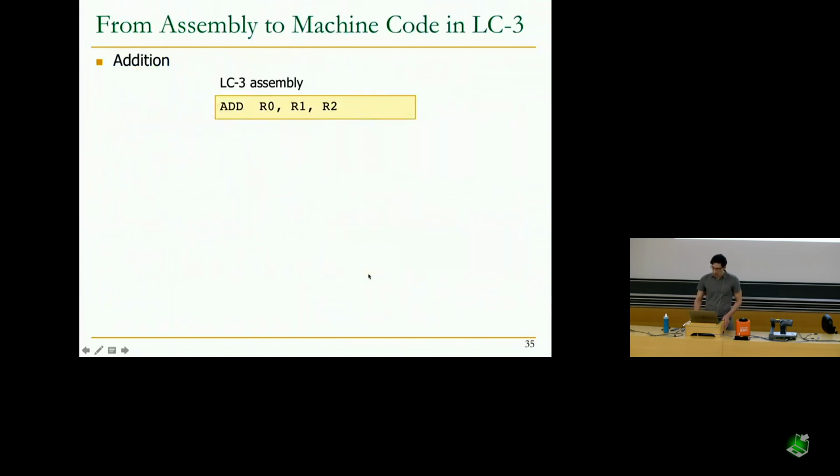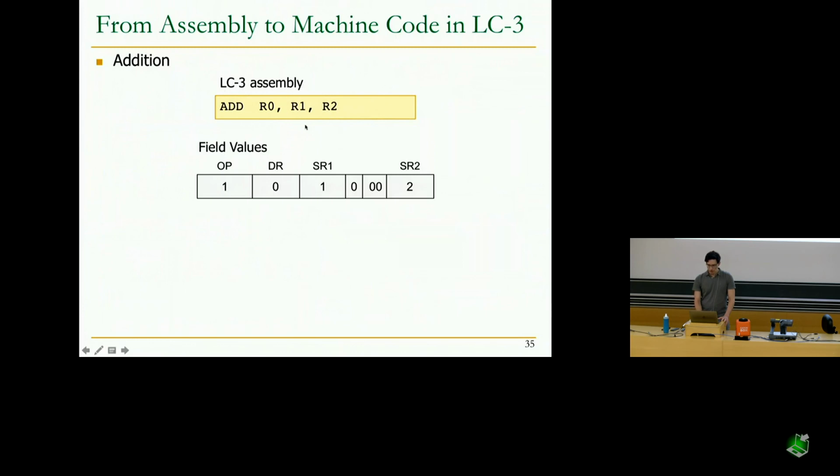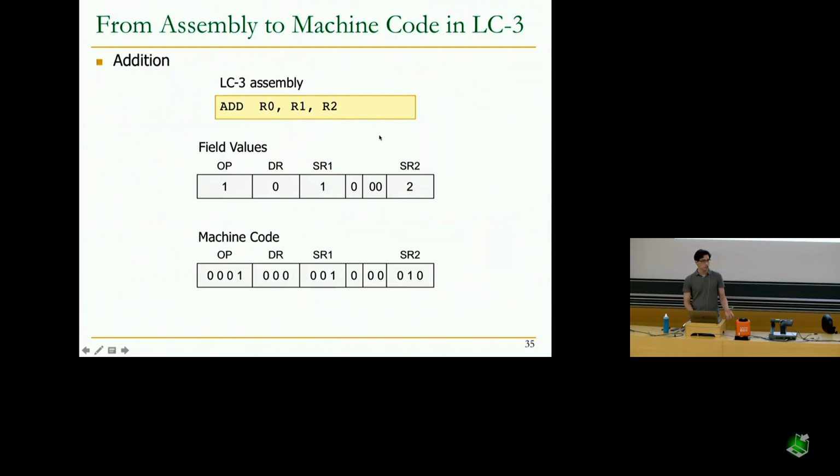In LC3, the addition, and this is already real assembly, LC3 assembly, has our source operands, R1 and R2, and our destination operand, which is R0. This is going to be represented as machine code, right? As ones and zeros, that's what the computer understands.